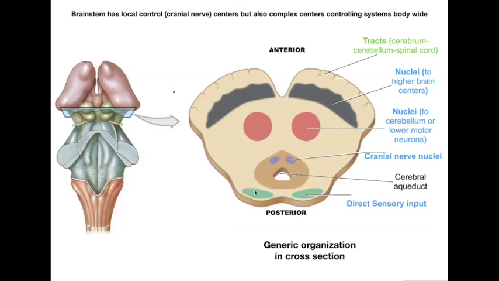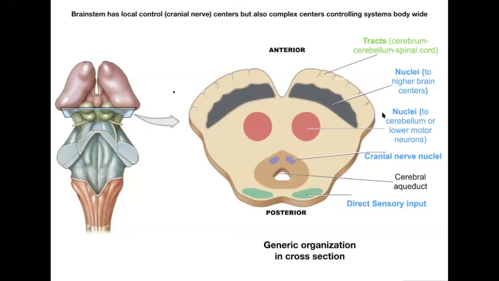In other words, we've got nuclei like cranial nerve nuclei, like we have spinal nerve nuclei. But then we also have these nuclei that are regulating passage from your cerebrum to your cerebellum, or lower parts of your spinal cord. We'll have all the tracts going up and down between your brain, your spinal cord, and your cerebellum.